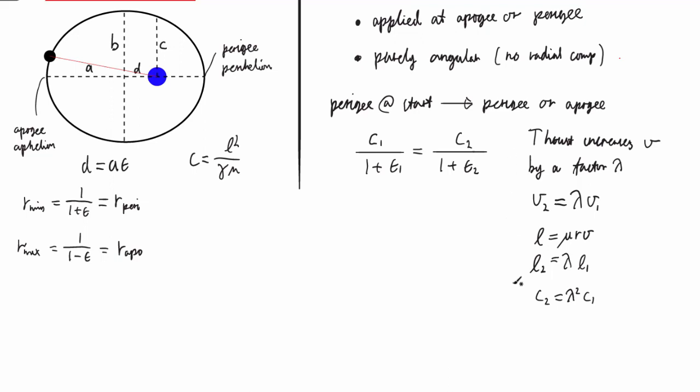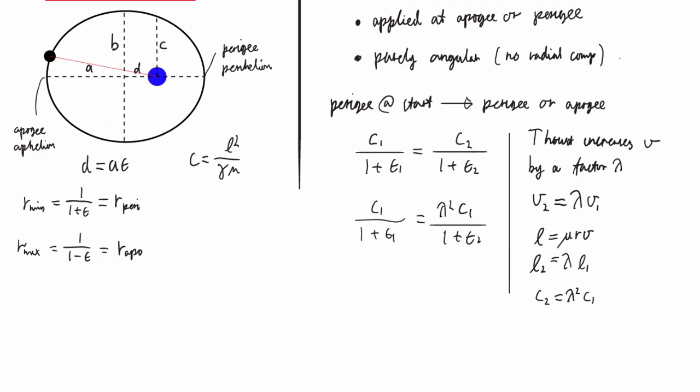So we can then take this result and plug it in here. So we get just that C1 divided by 1 plus epsilon 1 equals lambda squared C1 divided by 1 plus epsilon 2, right? C1 is what we get here.